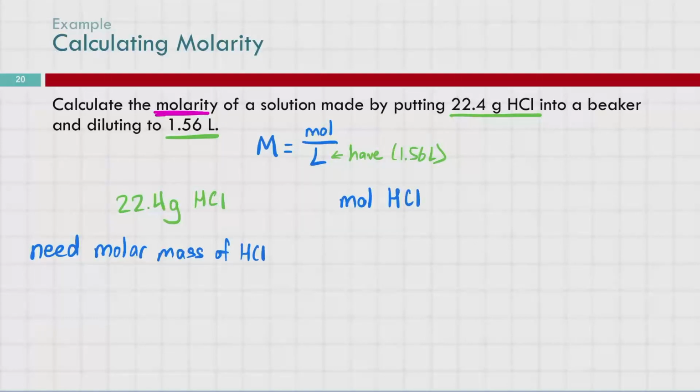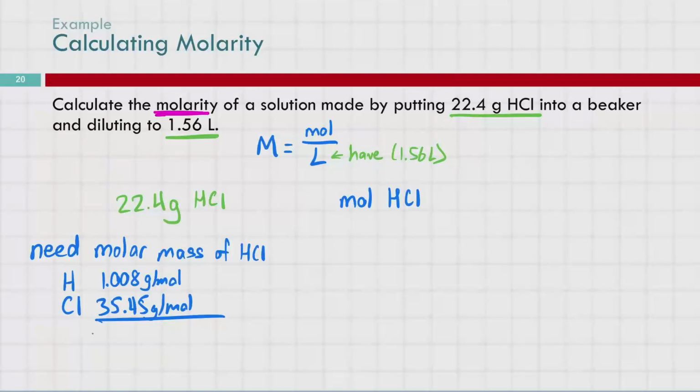Lucky for us, we're all pros and we've been keeping up our skills with finding molar masses, so we just simply pull out our handy dandy yellow sheet. We find H, there's one H. There's also one Cl. H is 1.008 grams per mole. Cl is 35.45 grams per mole. That's all that's in HCl.